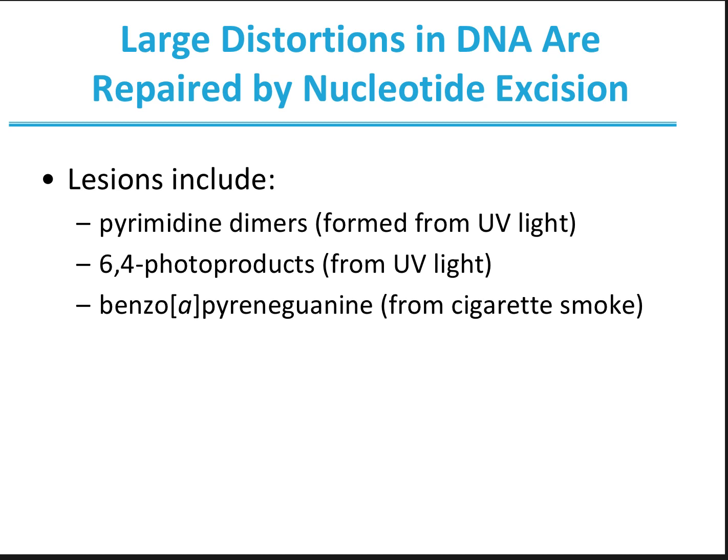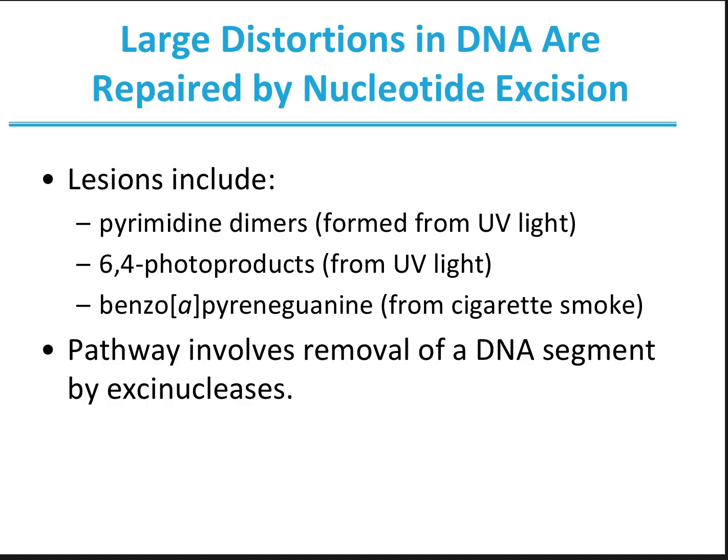And then benzopyrene-guanine is formed from cigarette smoke. So those are just some of the lesions that are formed and recognized by enzymes in this pathway. This pathway involves removal of a DNA segment by large protein complexes called exonucleases. These exonucleases are multi-subunit enzymes.